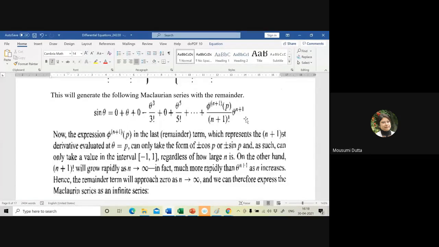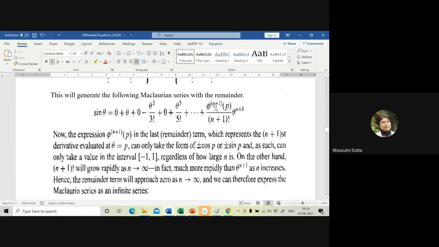Okay, so if we combine everything together, we can say that this entire term will move towards 0 as n tends to infinity. This remainder term will move towards 0 as n tends to infinity.